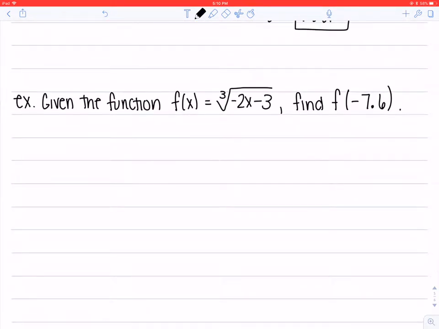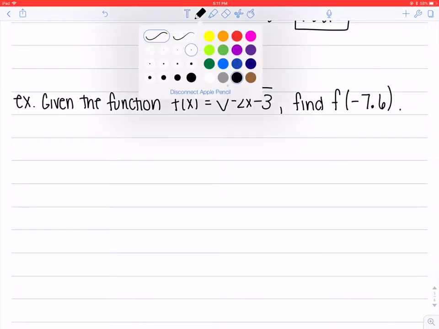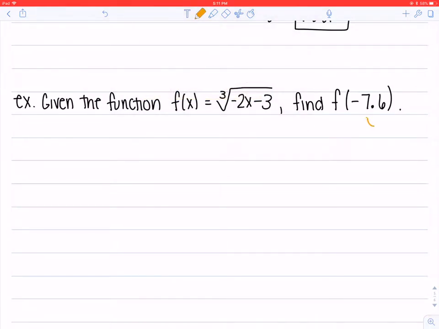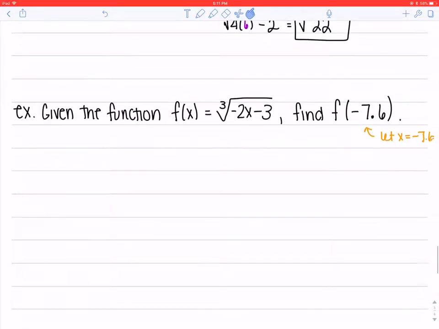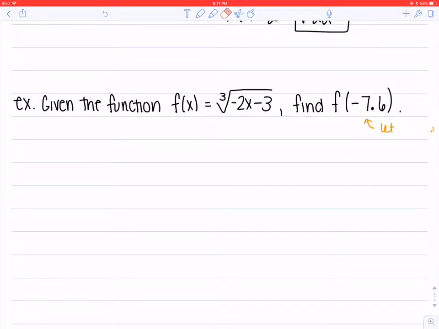Like in this example. I'm given the function f of x equals the cube root of negative 2x minus 3, and I want to find f of negative 7.6. So I have this decimal that I'm letting x be. That says to let x equal negative 7.6, and again, this is because of function notation.